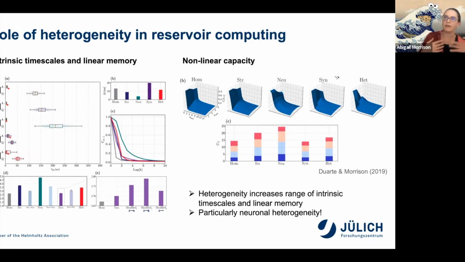So going back to the echo state network results, the ability to reconstruct something, but at various delays. This again was improved by heterogeneity, especially by neuronal heterogeneity. And this came as a surprise to us because we were expecting the synapses to be the big deal here, but they weren't. Just including some heterogeneity in the neuronal parameters was enough to considerably increase the capacity of these networks.